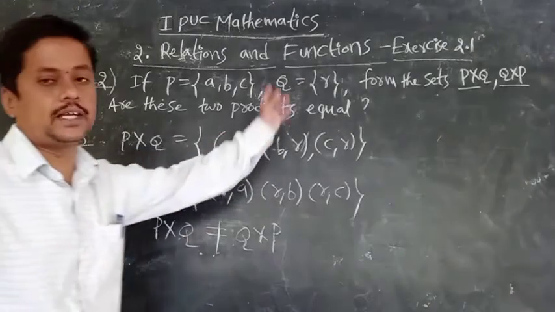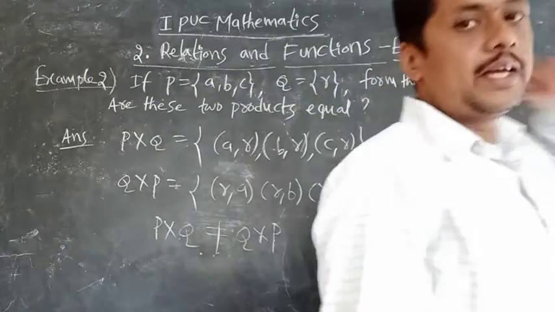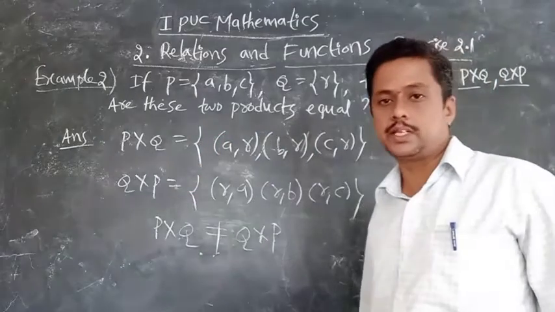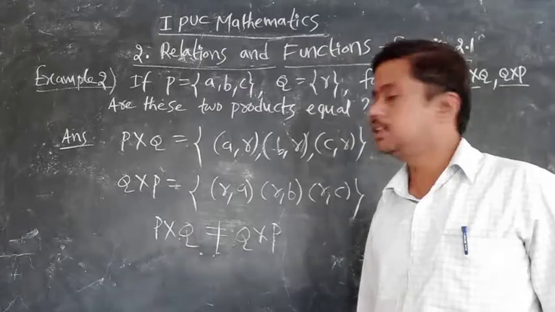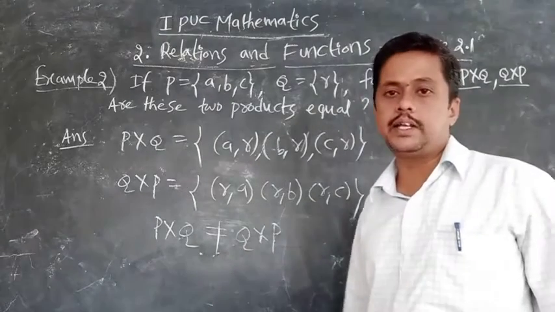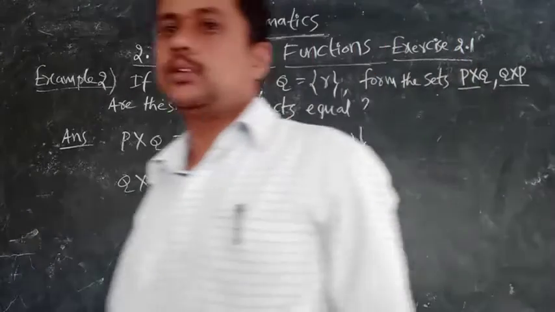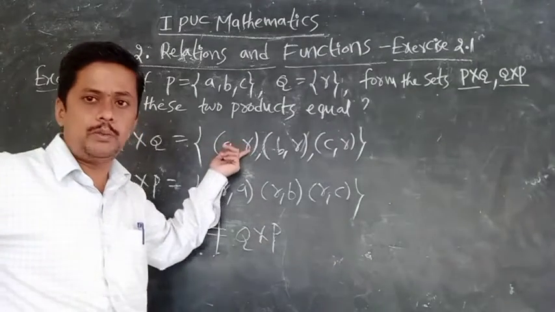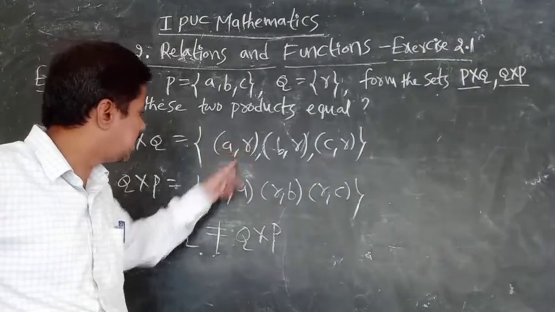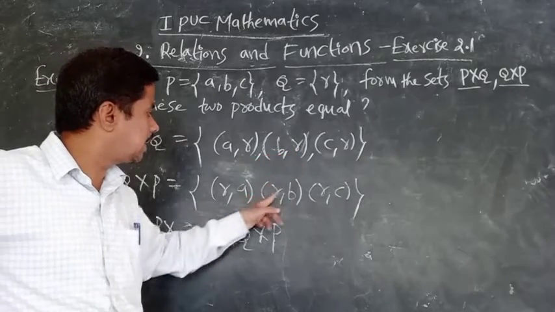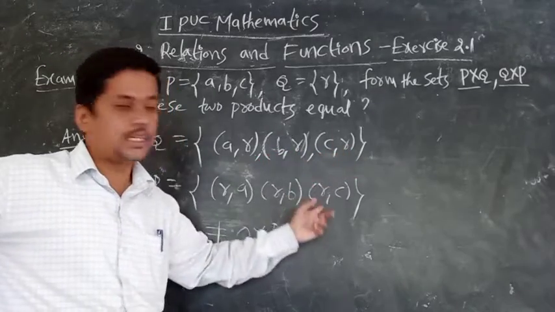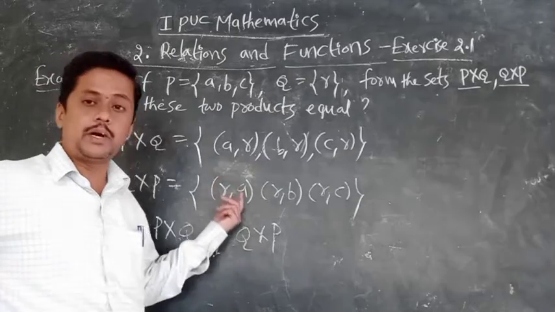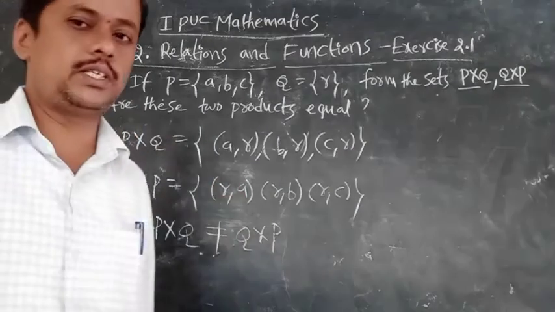Because different ordered pairs are there in the two sets P cross Q and Q cross P. That's why both are not equal. Next, if you observe, in an easy method you can also write A, R; B, R; C, R like that.